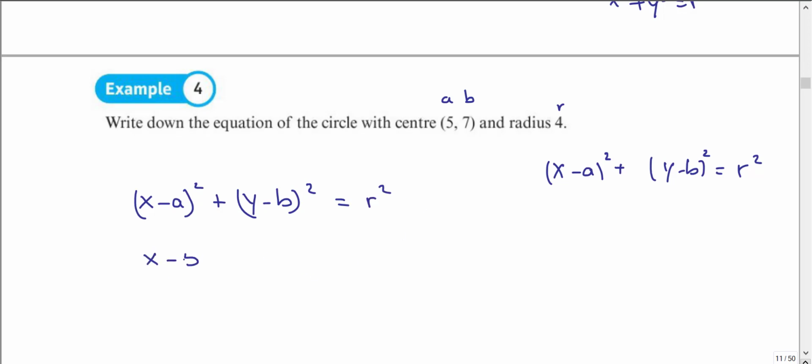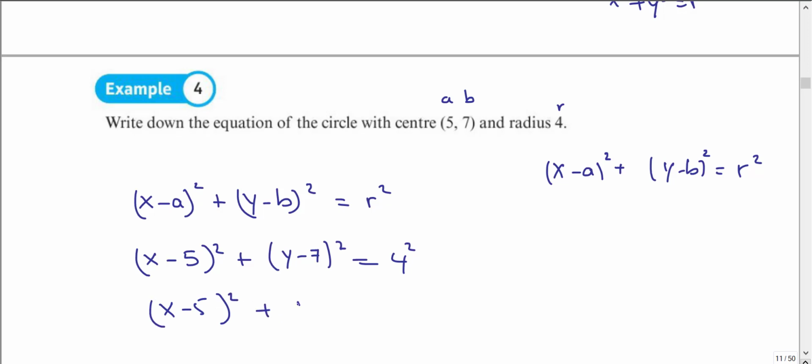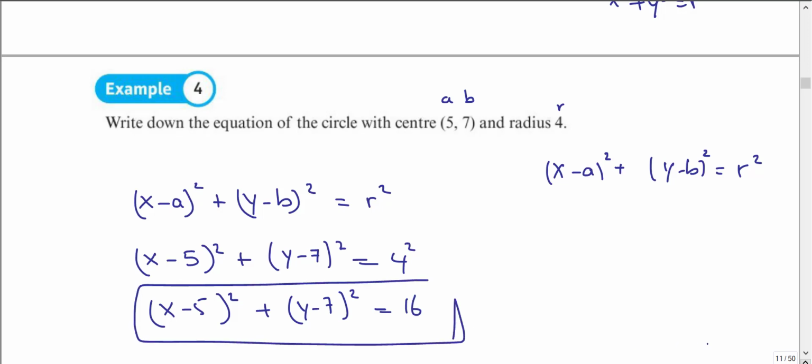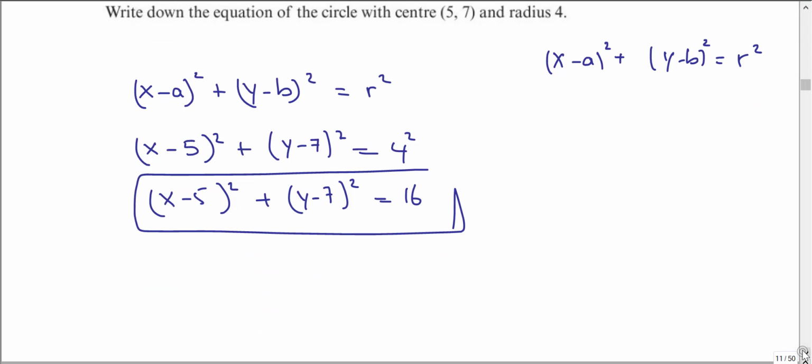So X minus 5 power 2 plus Y minus 7 all power 2 equals 4 power 2. You can say X minus 5 all power 2 plus y minus 7 all power 2 equals 16. That's it. Easy or difficult? Easy.